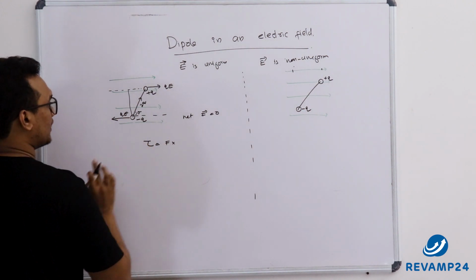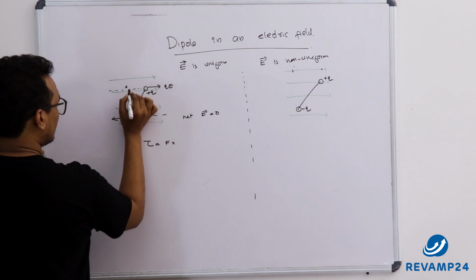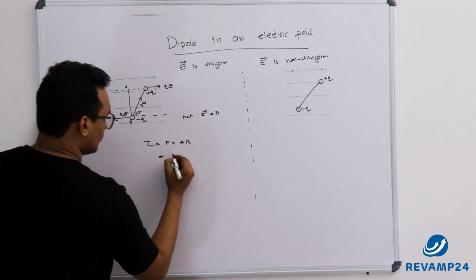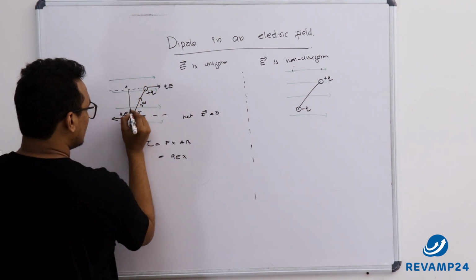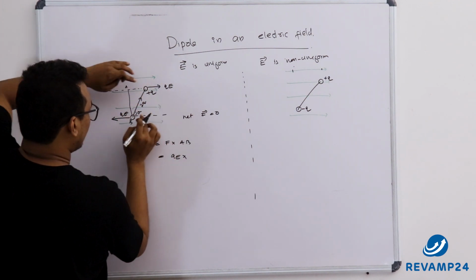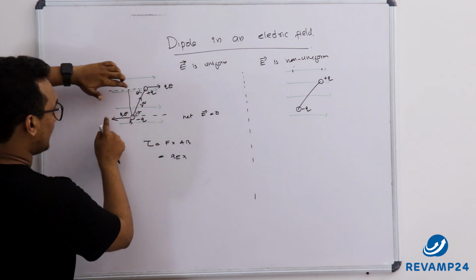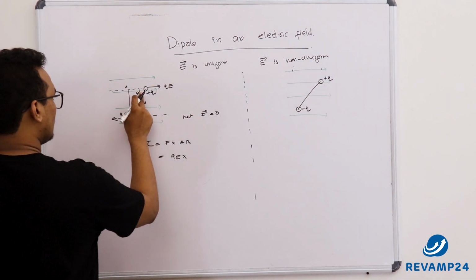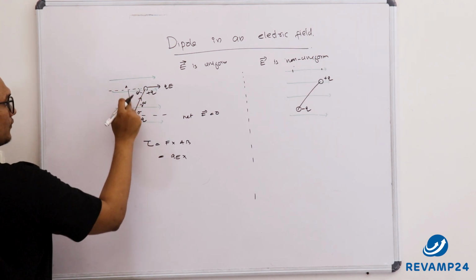So force into perpendicular distance. Let's say the perpendicular distance is AB. So force into AB. Now what is force? QE. And what is the value of AB? If this angle is theta, then, see, these two lines are parallel, right? So if this angle is theta, this one also will be theta. Now we know this one is 2a, and we need to find this.